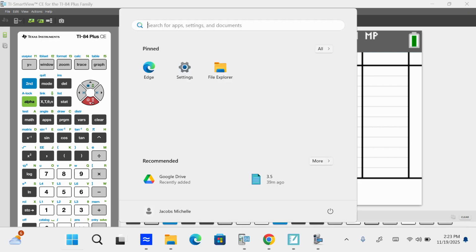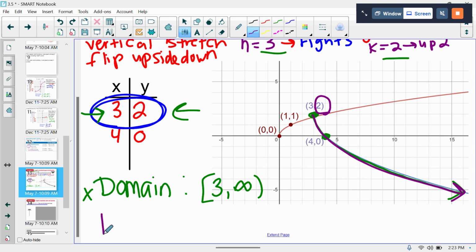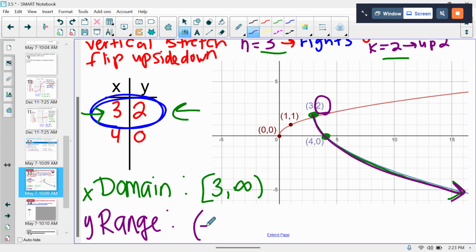So we have to be careful about the order we write it in, because negative infinity is small and 2 is the biggest. So negative infinity would come first. So your y's, one way to say it would be y is less than or equal to 2. Another way would be negative infinity to 2.